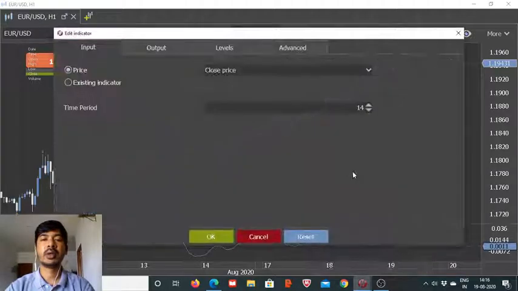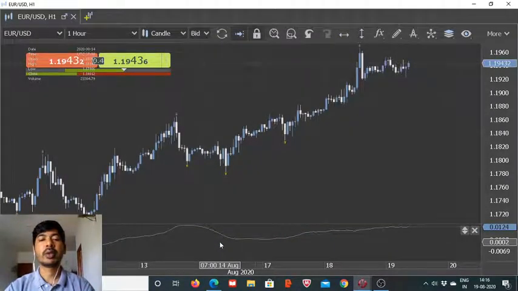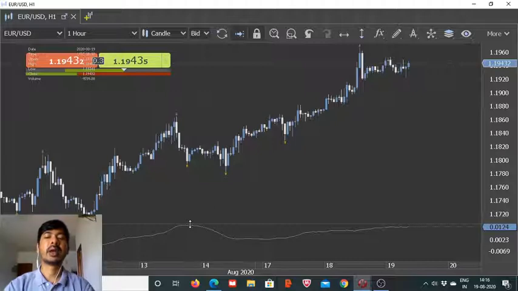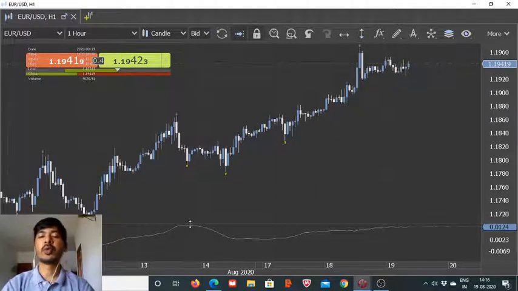So here we change this to 50. Okay, so as you can see, we have this linear regression angle output, which is a lot smoother than what we were seeing when we were using the time period of 14.